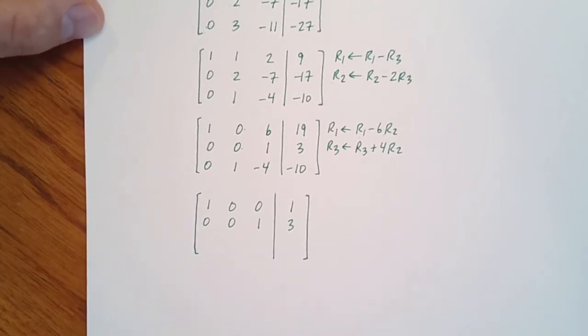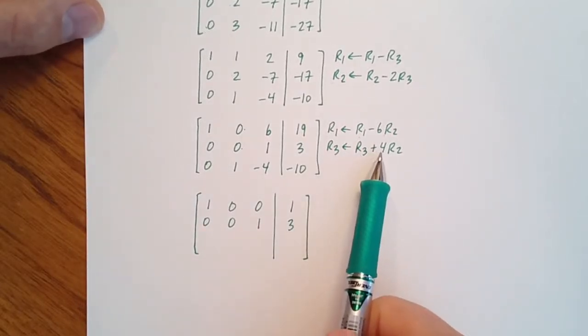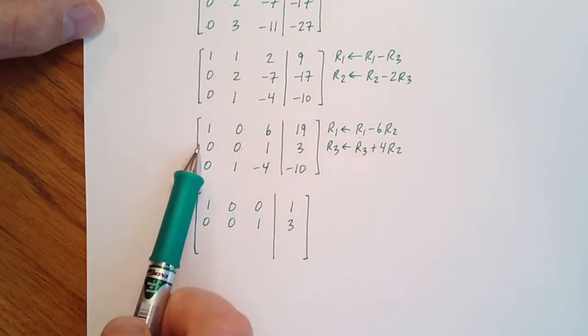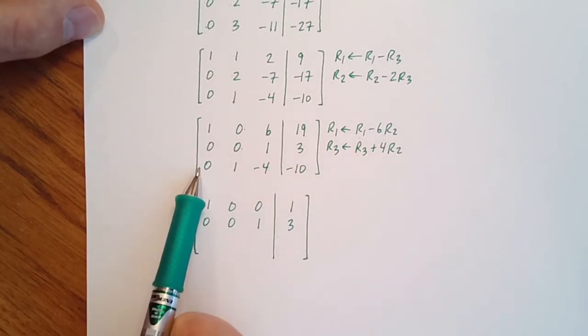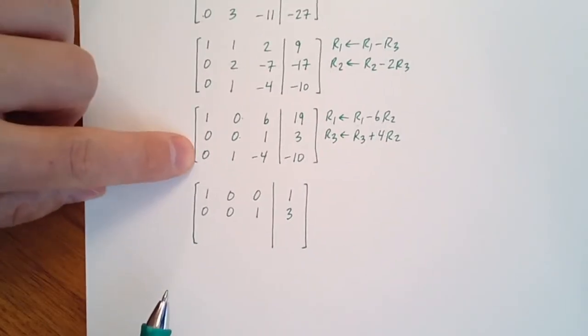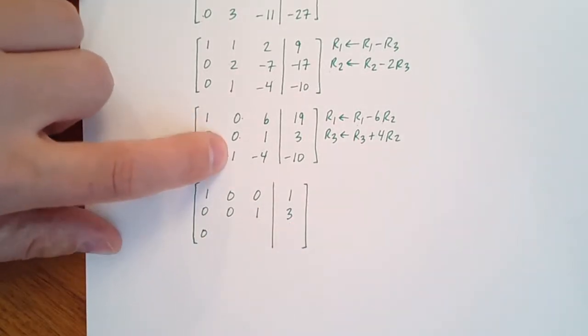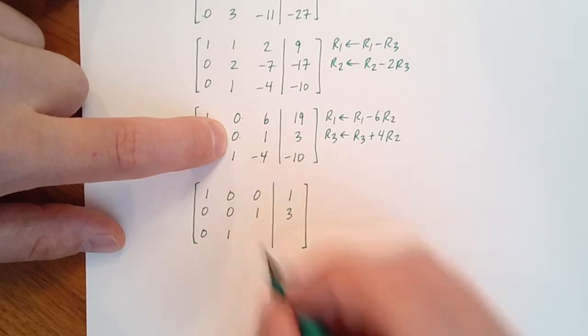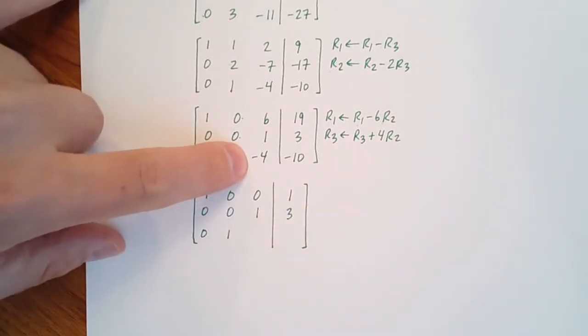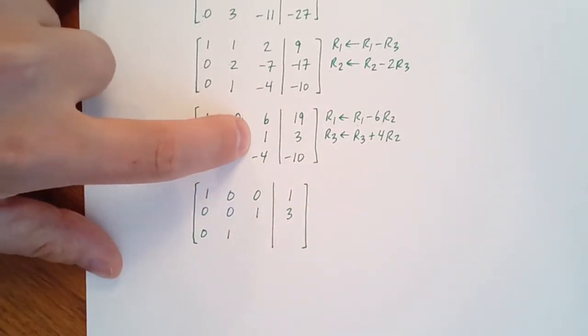Now the third row, remember we're going row 3 plus 4 times row 2. So we're going to add row 2 to row 3 4 times. So we're going to have 0 plus 4 times 0 is still going to be 0. 1 plus 4 times 0, that's just going to be 1 plus 0. Now we have negative 4 plus 4 times 1.